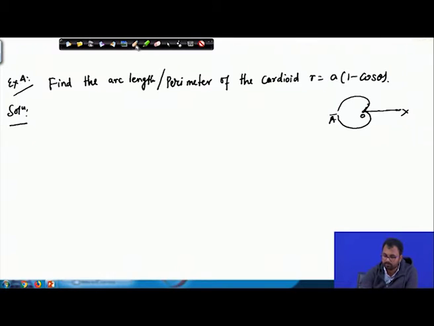Now, this curve is symmetrical around the initial line, OX.